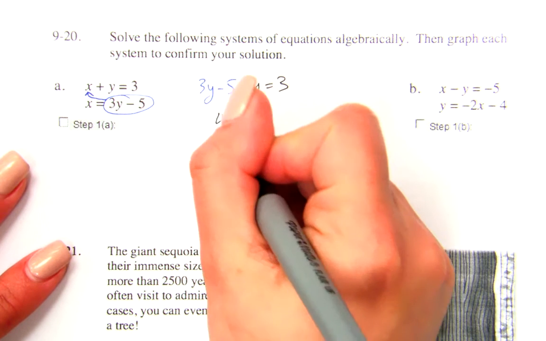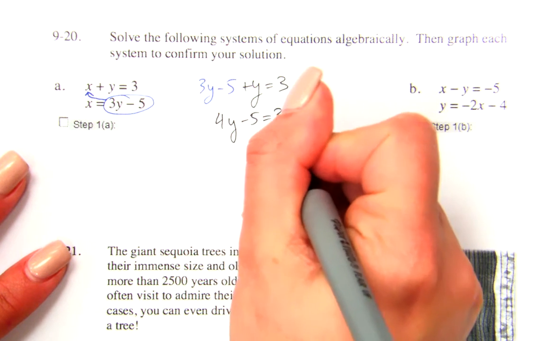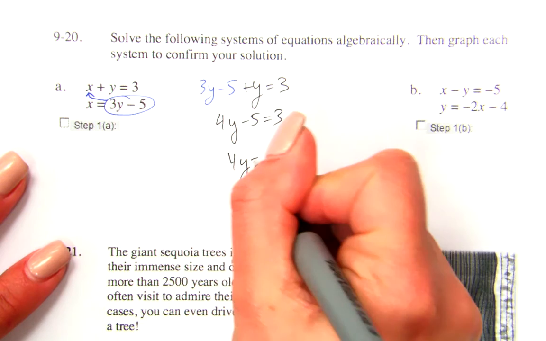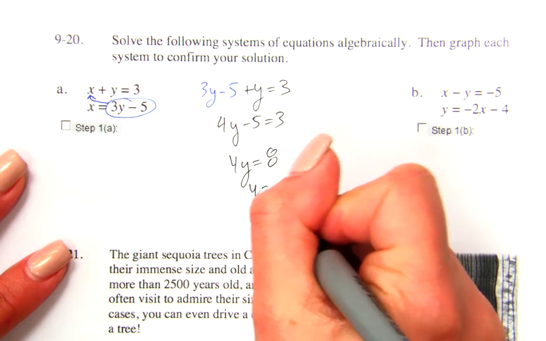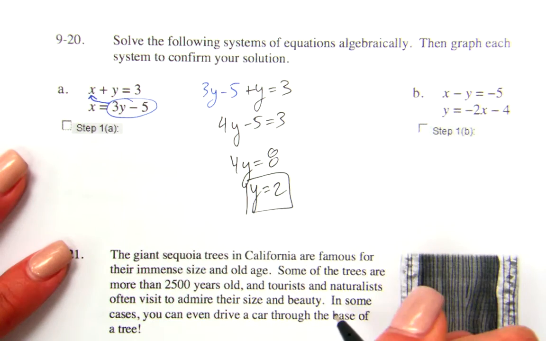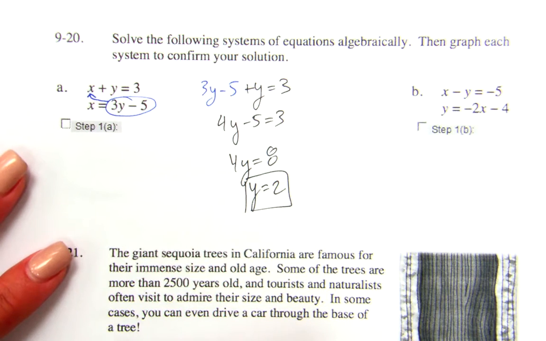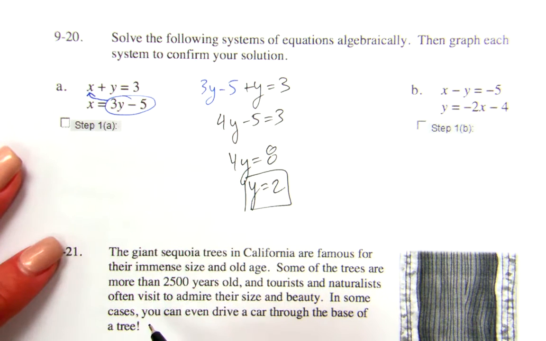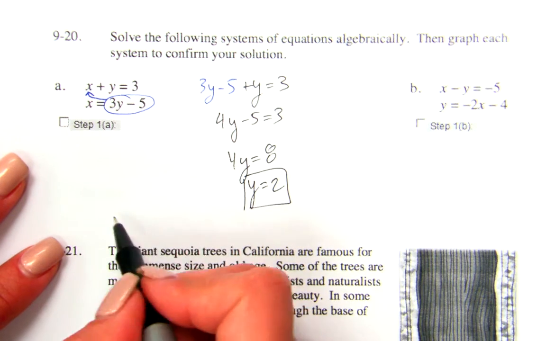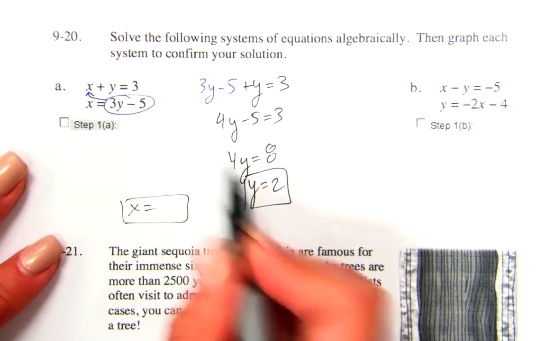Combine like terms, you have 4y minus 5 equals 3. Then 4y is equal to 8, so y is equal to 2. That's your y value. Then you have to substitute it back into any one of them. It doesn't matter which one, pick one. And then find your value for x. All right, so you need x equals something and y equals something.